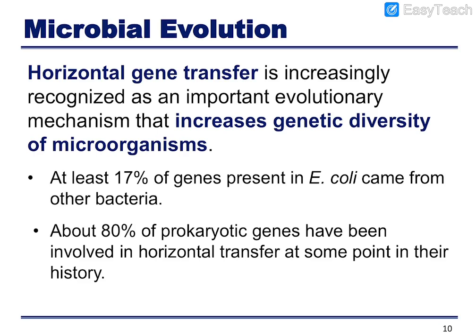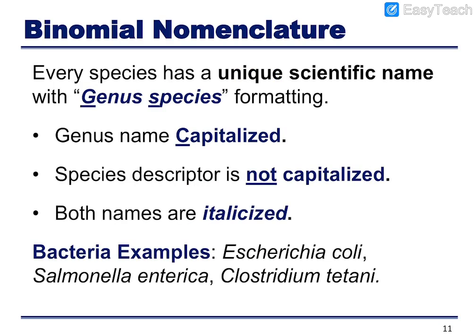With horizontal gene transfer, at least 17% of genes present in E. coli bacteria came from other bacteria, and about 80% of prokaryotic genes have been involved in horizontal transfer at some point in their history. And this goes back millions and millions of years.